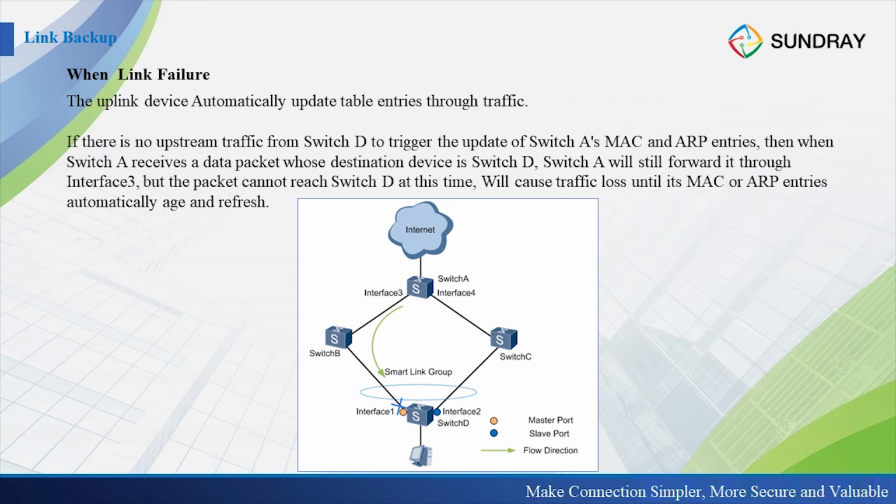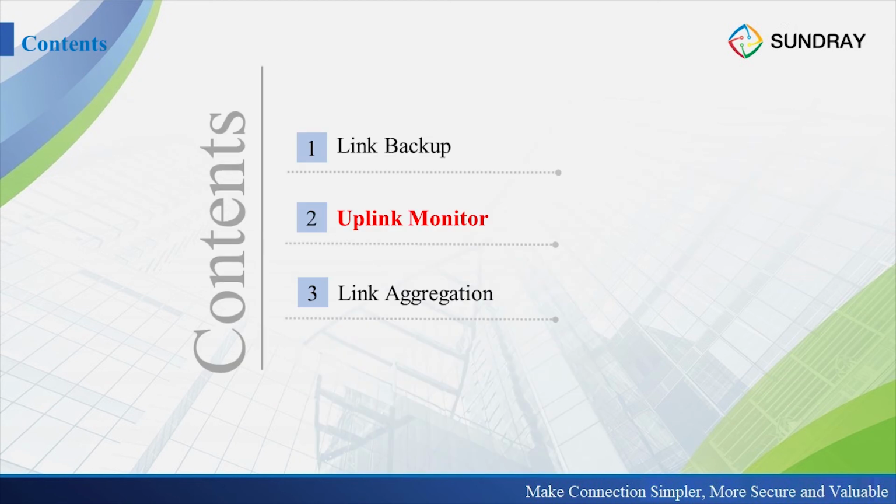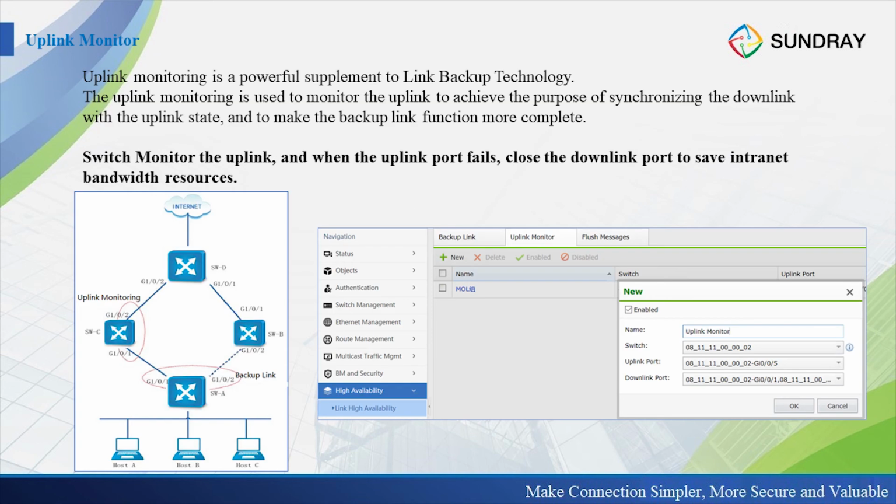The uplink monitor is a powerful supplement to backup link technology. Uplink monitoring is used to monitor the uplink to achieve the purpose of synchronizing the downlink with the uplink state.